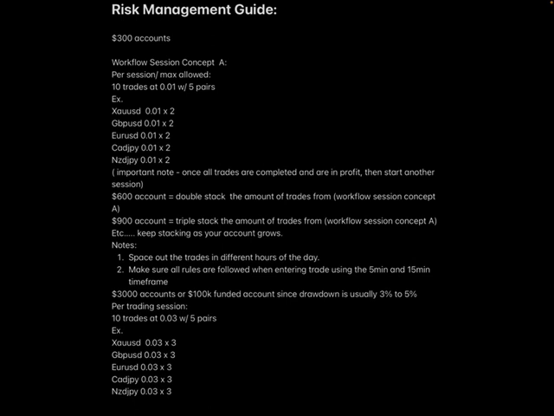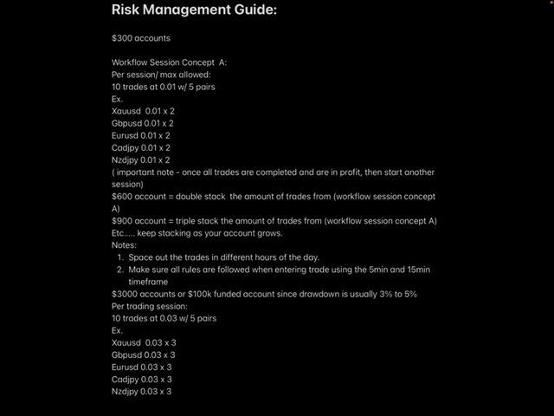You know, what I like to do when I create a demo account is create demo accounts of like 3K, keeping in mind that I have a 100K funded account, because the drawdown is like 3 to 5% in these funded accounts.